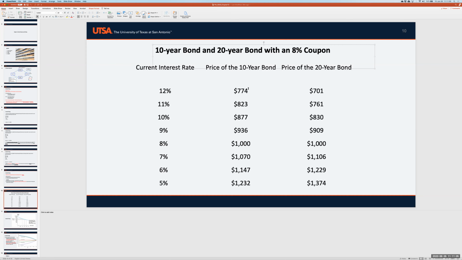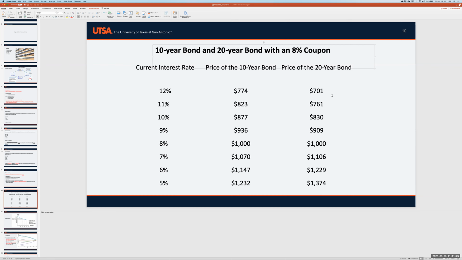But if you change the current interest rate, this is the discount rate, let's say from 12% to 5% here, you see for the 10-year bond, we find the present value is 1,232, and for the 20-year bond we have 1,374.